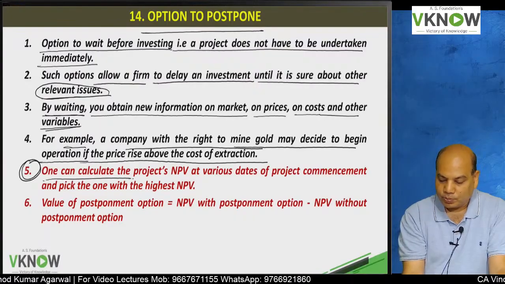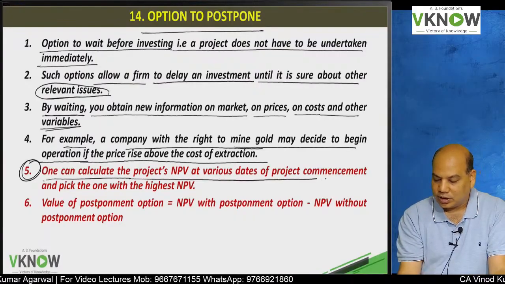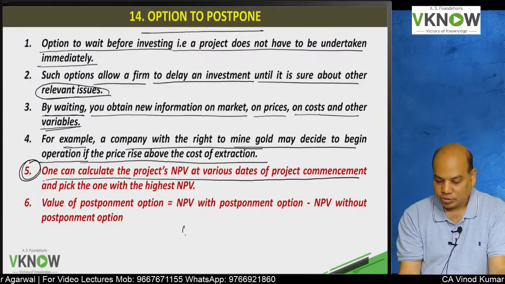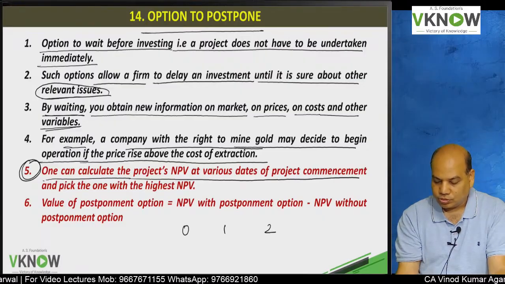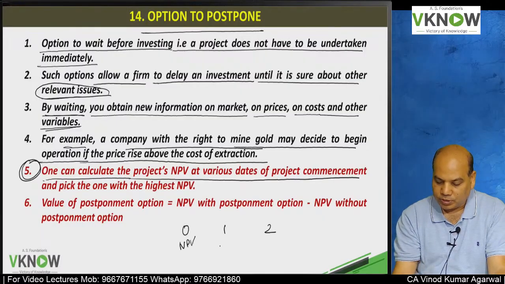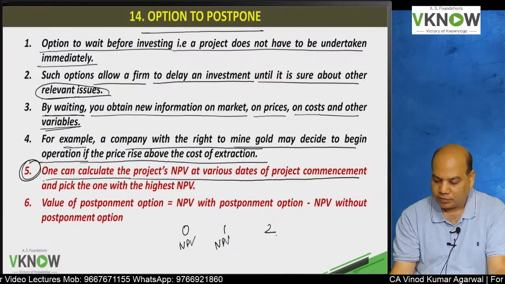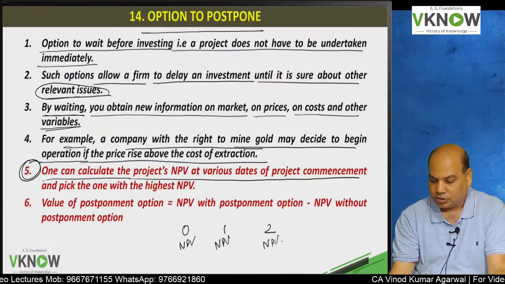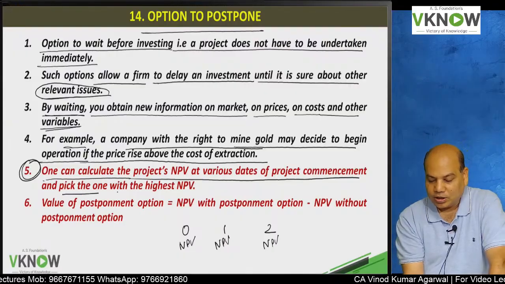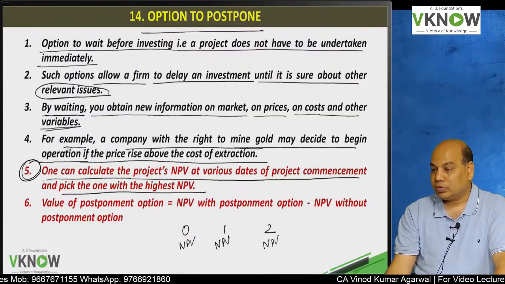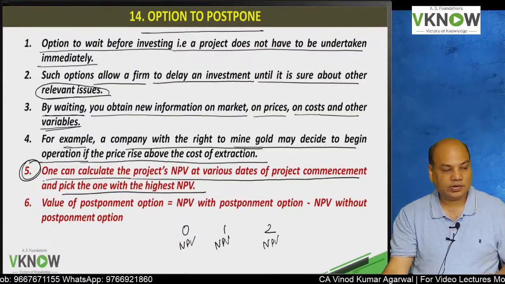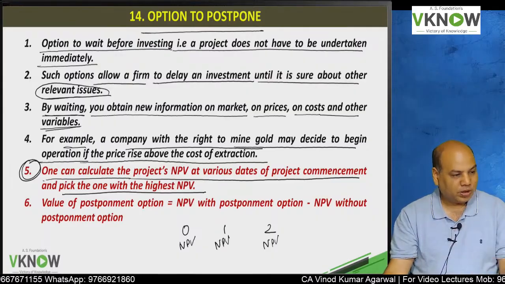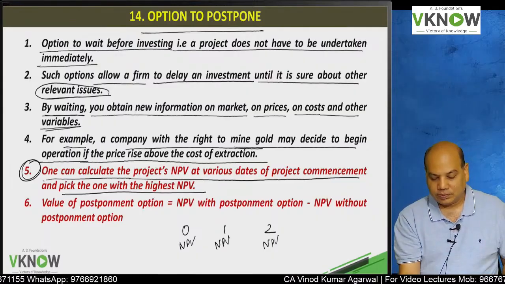We will compute the project's NPV at various dates of project commencement, 0, 1, 2. NPV if we open now, NPV if we open after 1 year, NPV if we open after 2 years, and pick the one. If it is an NPV maximization problem, pick the one which has the highest NPV.